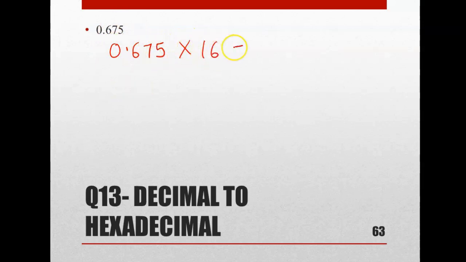So let me try to do it for some values. 0.675 multiplied by 16. I will use a calculator only, and you can do all these calculations on your own. 0.675 multiplied by 16 is equal to 10.8. Well, 10 is A only, so you will write A here, and then 0.8 will be multiplied by 16.